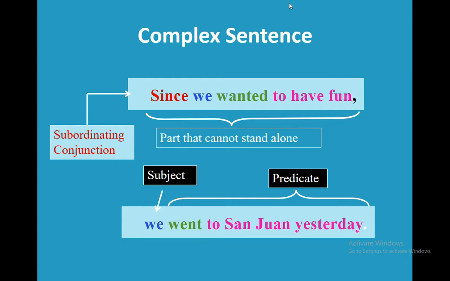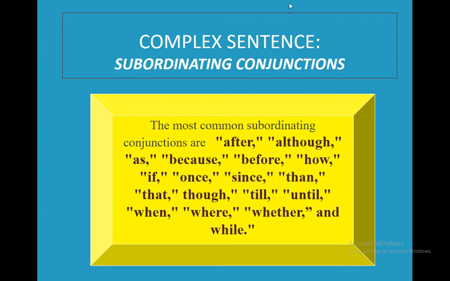The word since is a subordinating conjunction. Since we wanted to have fun, this is the dependent clause. We went to San John yesterday is the independent clause. Here are some examples of subordinating conjunctions, and it would be better to memorize them well.